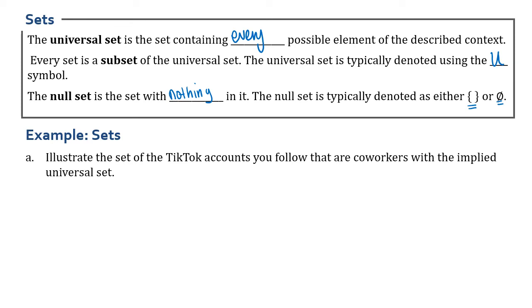Illustrate the set of TikTok accounts you follow that are coworkers with the implied universal set. I'm going to show you how to do this using a Venn diagram. This rectangle represents that universal set. In this case, the universal set would be all TikTok accounts that I follow.